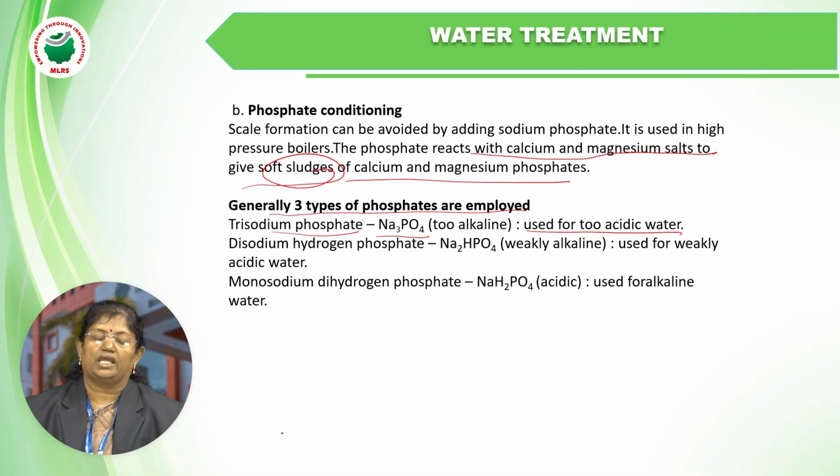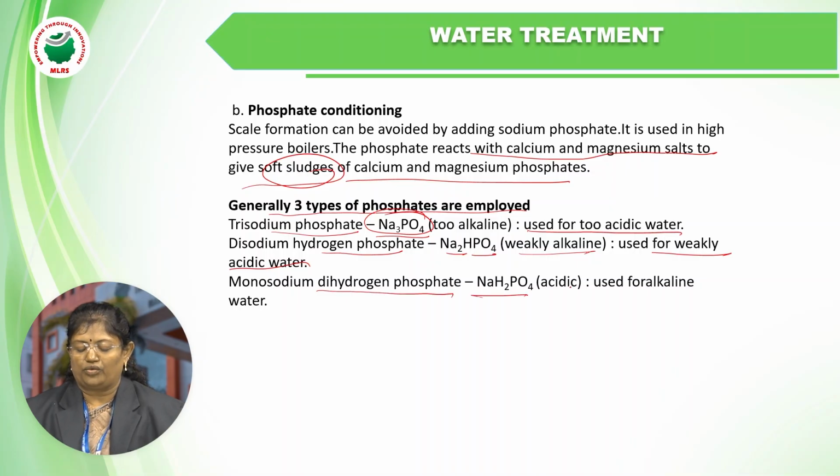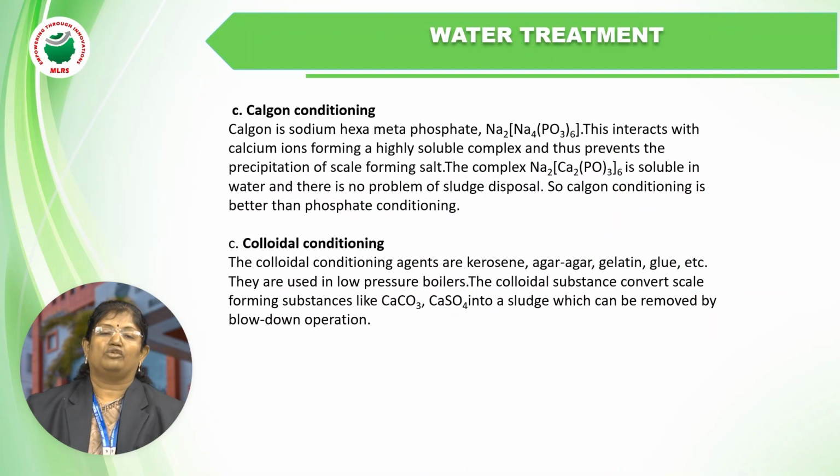Disodium hydrogen phosphate, Na2HPO4, is weakly alkaline and is used for weakly acidic water. Monosodium dihydrogen phosphate, NaH2PO4, is acidic and is used for alkaline water. That is about phosphate conditioning. For carbonate conditioning it is Na2CO3, and for phosphate conditioning it is Na3PO4 and the others, depending upon the nature of the hard water.